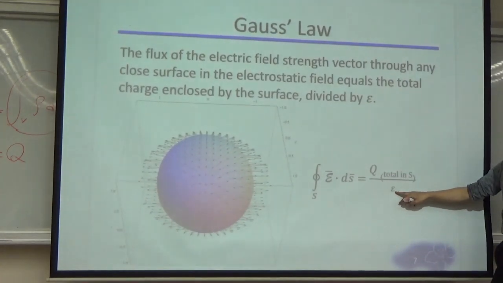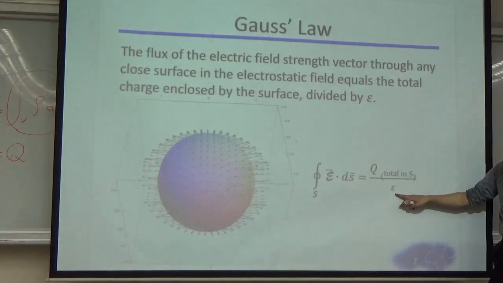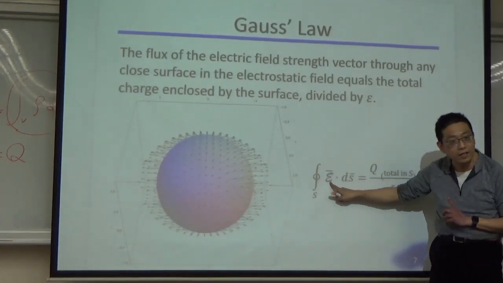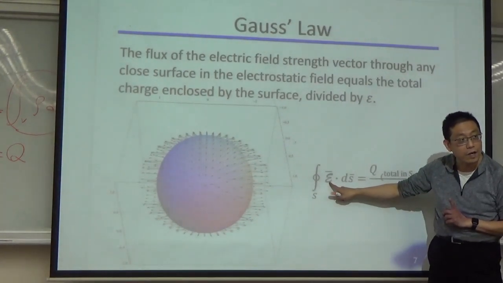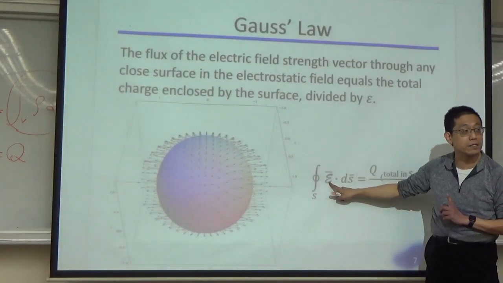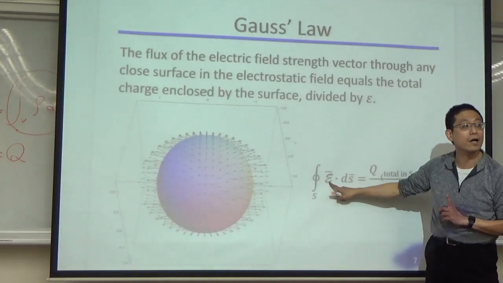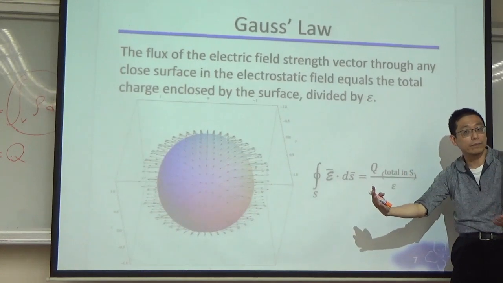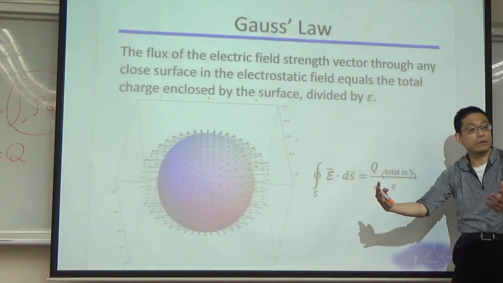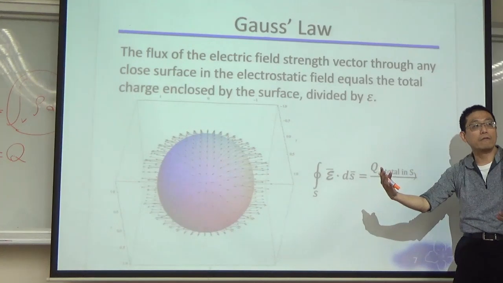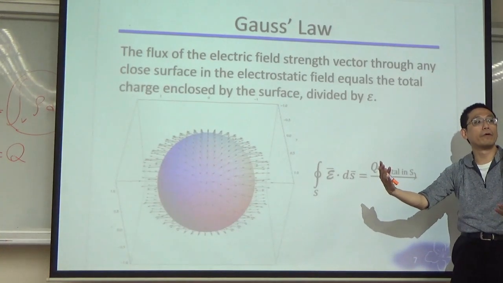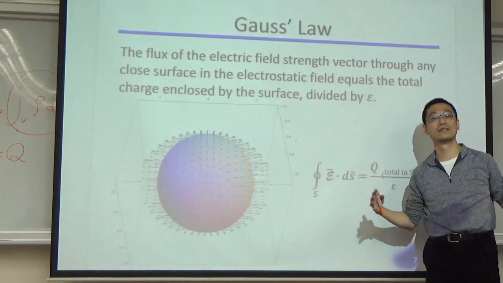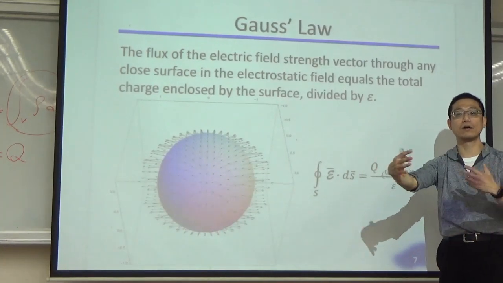If it is air, you just divide by epsilon. You can move your epsilon to this part, and this one is D, right? This is electric flux density, right? You take a closed surface integration of your electric flux density. You will know how many charges are inside this surface.